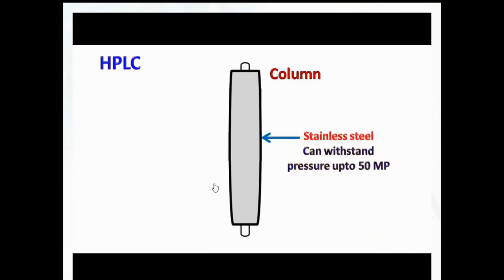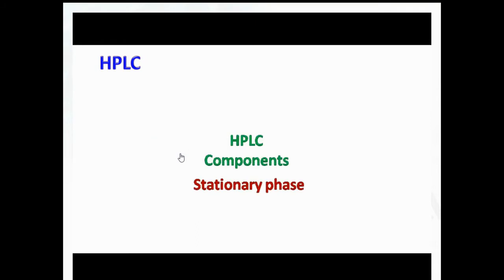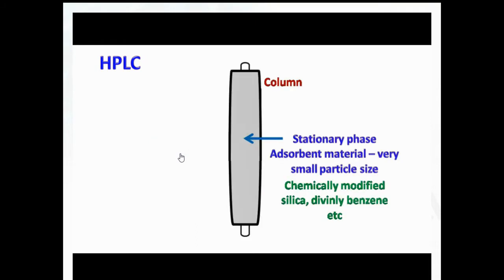Then if we look at the HPLC column, it is made up of stainless steel, with a height of about 5 to 25 centimeters and an internal diameter of 4.5 millimeters. When the mobile phase is run down this column, the flow rate will be 1 to 3 milliliters per minute, so it slowly passes into the column.